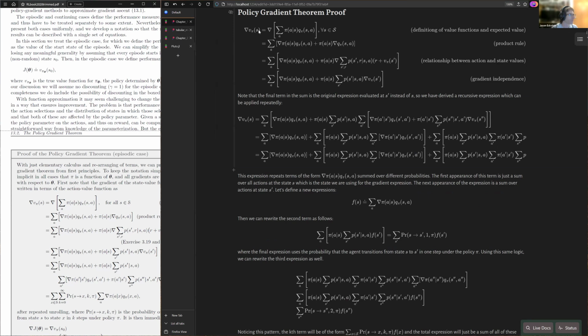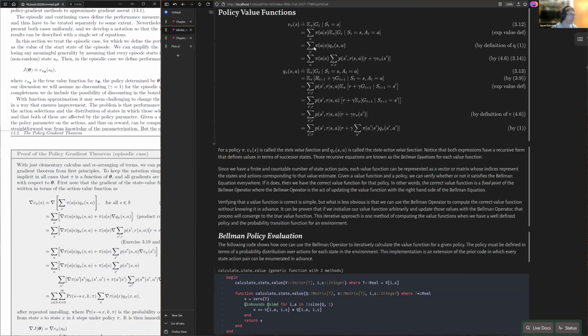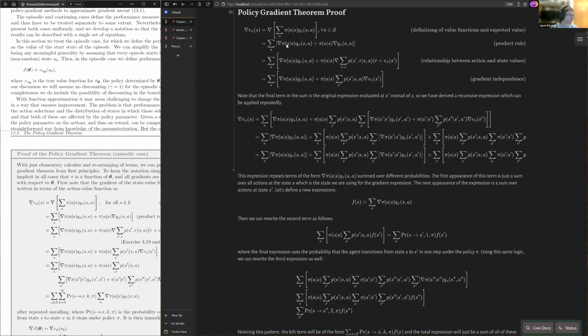So here, again, going back to part 1, that's this term, where we express the value function in terms of this sum of the action value function. So that's what's being done here. Okay, and then this gradient, we just distribute it.